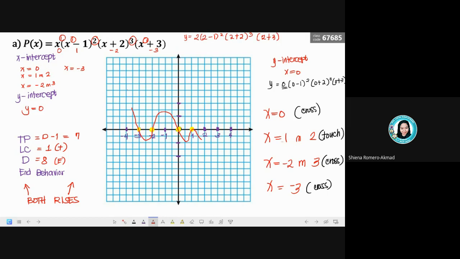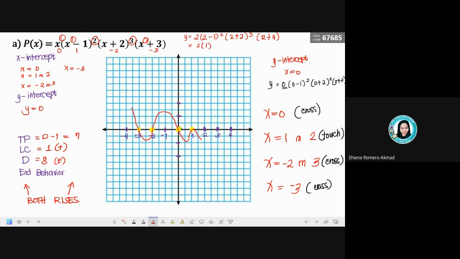And so 2 times 2 minus 1 is 1. 2, 2, 4. Cube. 4, 16. 16 times 4 is, ano na yung 16 times 4?